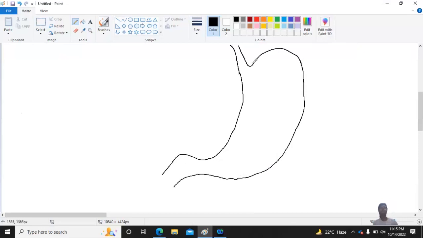So this is the stomach. First, it is divided into four segments. This region is called the fundus.